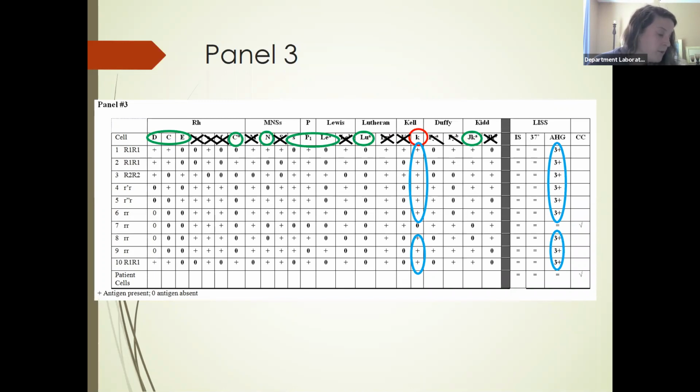And there's also another treatment that you could do. You could do a ZZAP treatment, all right? So remember what ZZAP does, it's a combination of enzyme and a reducing agent, and it will destroy your Kell antigen sites, all right? So you ZZAP treat your cells and then you will rerun the panel.